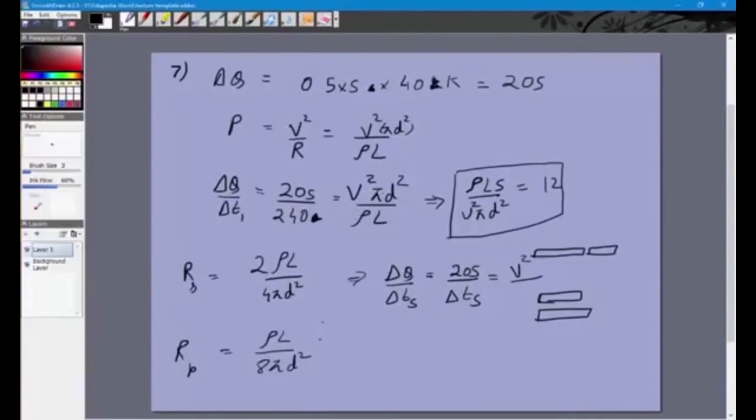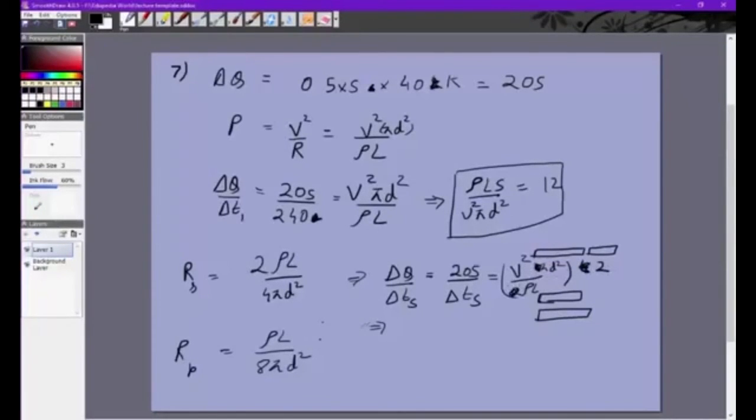Earlier it was rho L by pi D squared, now it is 2 rho L by 4 pi D squared. So from this what we get is, we just take this 4 outside for a second, and it's 2 outside, so 4 by 2 will cancel and give me a factor of 2.